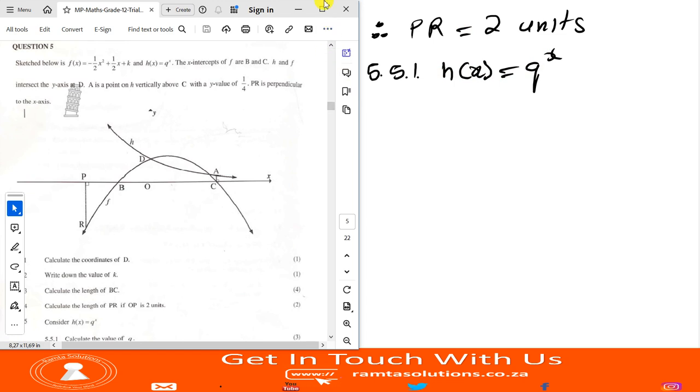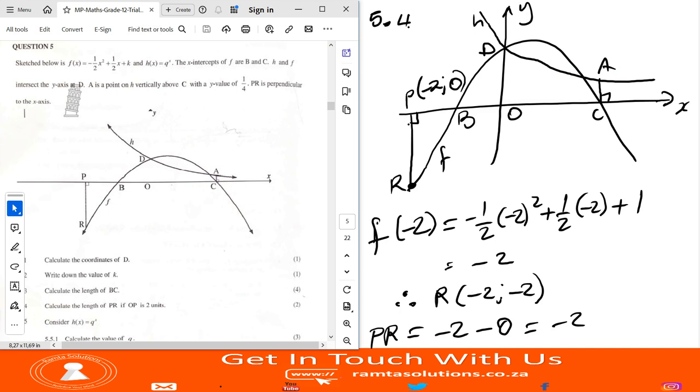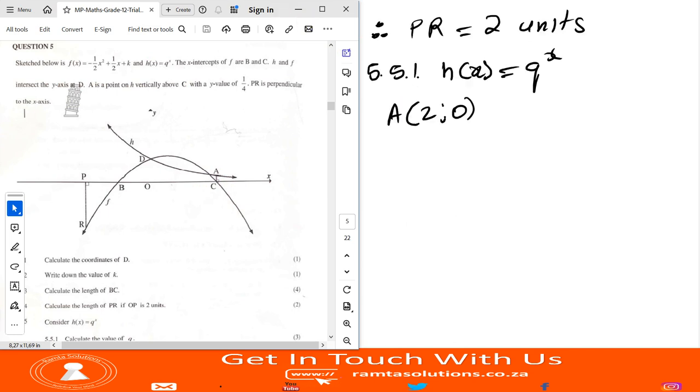So let me see what we can use. Were we given any other point? Yes, we were given a point. Remember, guys, they said A is a point on H vertically above C. We said C had coordinates 2 and 0.